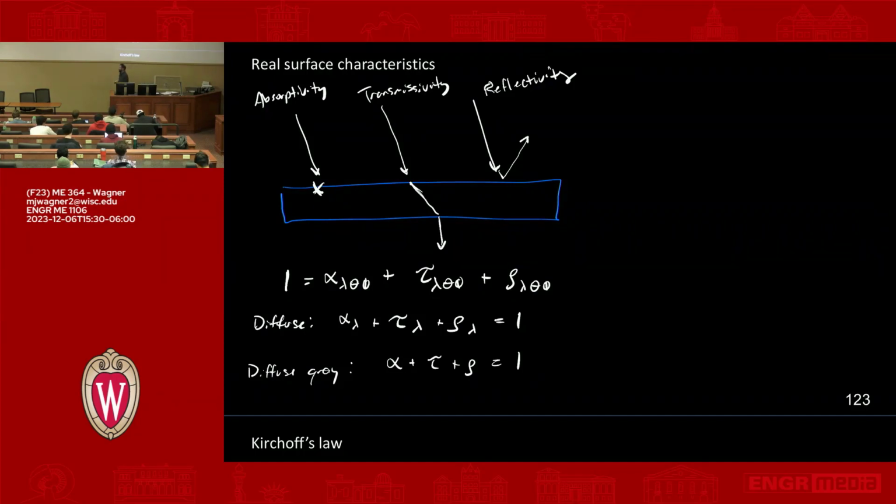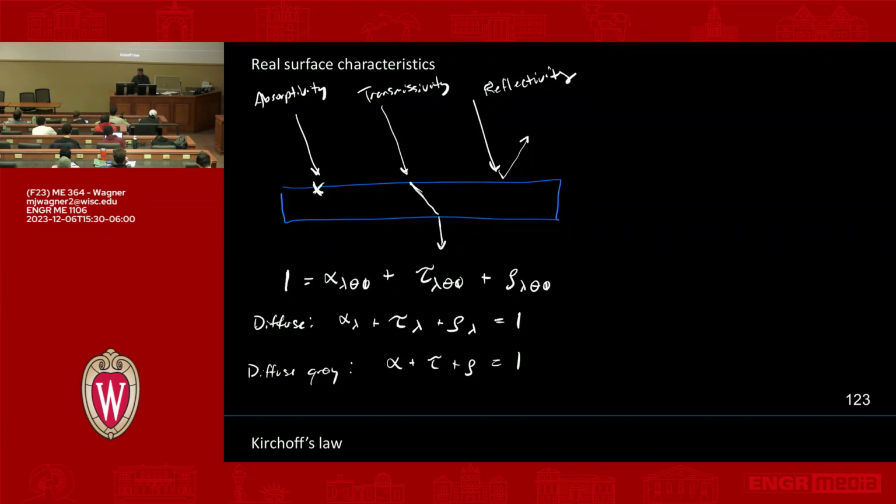Okay. So these are the three permutations, but it's situationally dependent, right? You can't use diffuse gray if you have some functional dependence of emissivity, or absorptivity, these other properties, on wavelength or direction, right? So just be careful when you're using that.